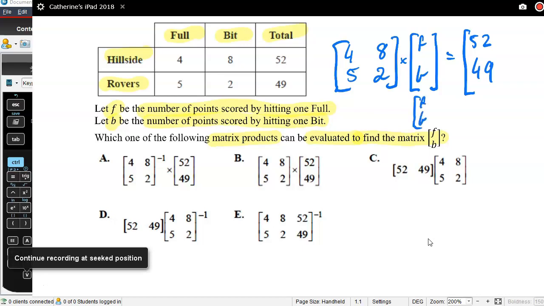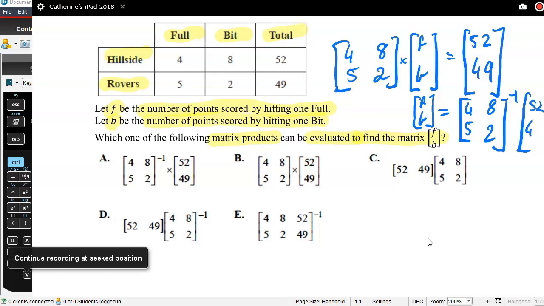So FB equals the inverse of that times by 5, 2, 4, 9. Okay. Well, it can't be C, E, or D, can it?